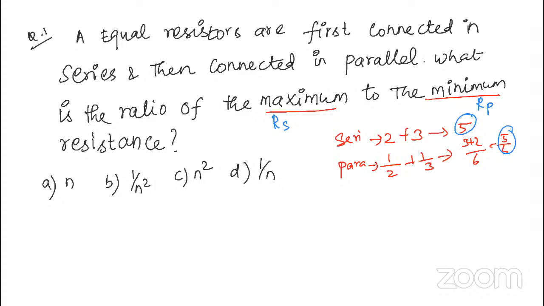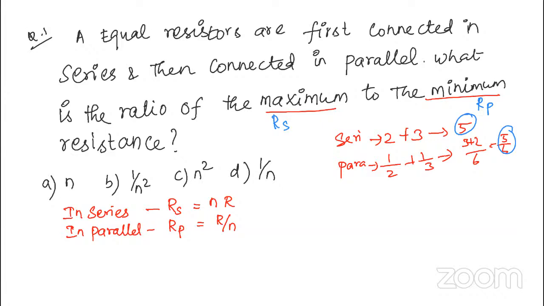So let us now write down the RS value and RP value. So in series we write RS is equal to N into R. In parallel, RP is equal to R divided by N.